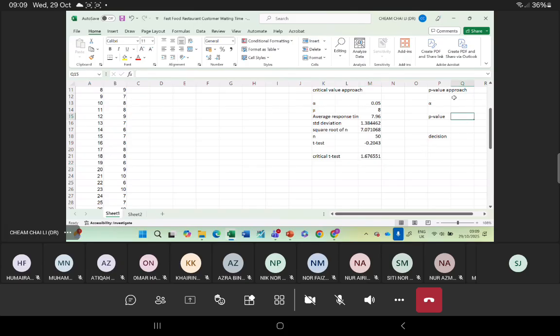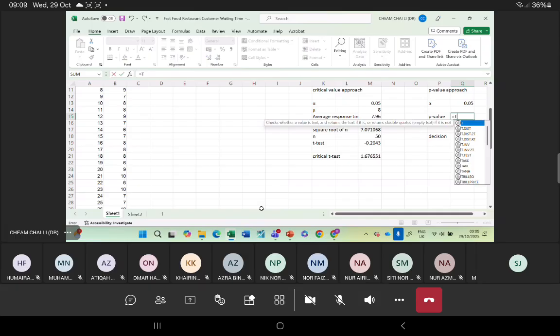And then for the p-value approach, here you also have a left tail, right? So it is the left tail p-value. The formula is T.DIST. Open bracket. Right? There is only one tail. So your x is this x, okay?